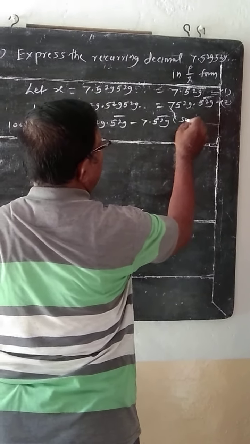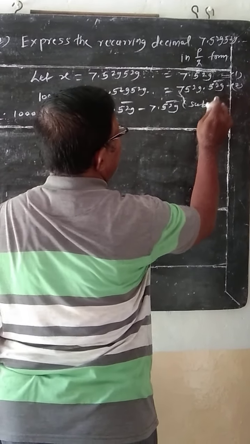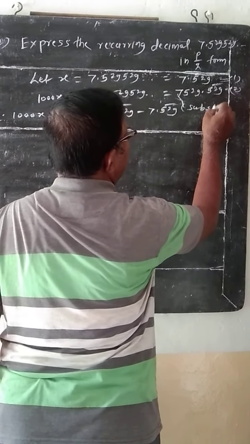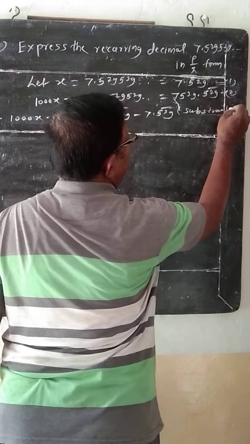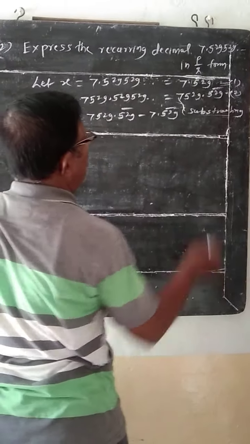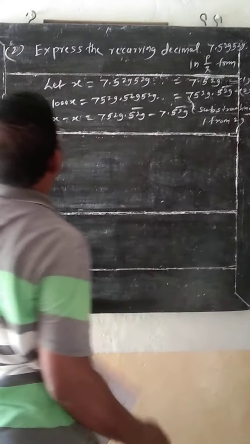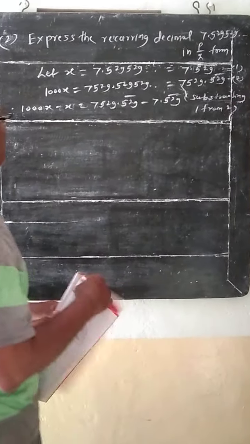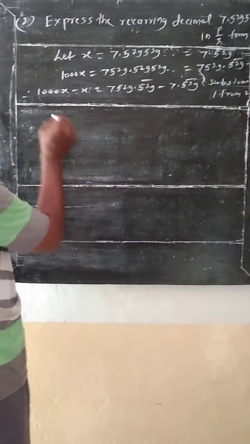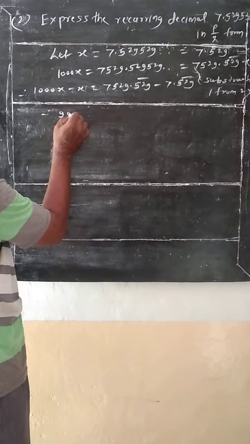Subtracting 1 from 2. And here write multiplying by 1000. Then 1000x minus x is 999x.